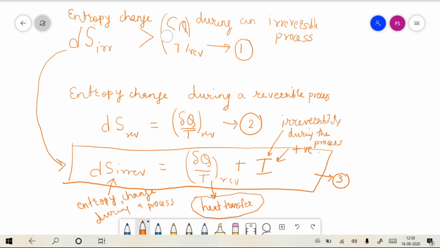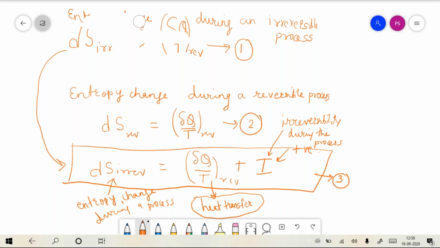The change in entropy during an irreversible process would be because of change in entropy because of heat transfer, and also there would be change because of irreversibility. So there are two reasons. You see that these two reasons would have resulted in the change in entropy during an irreversible process.